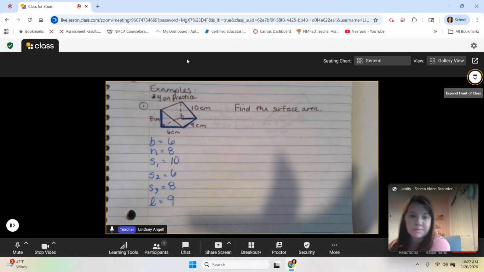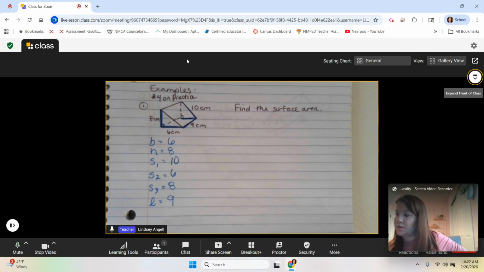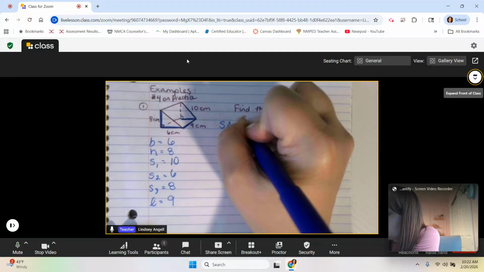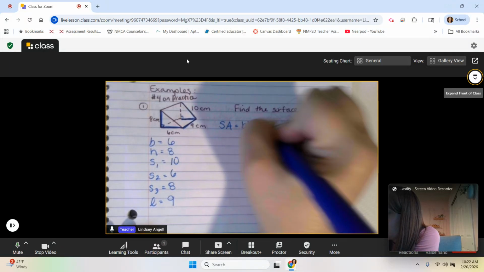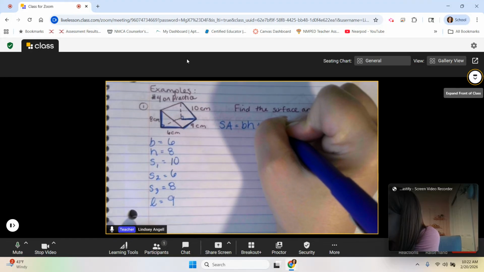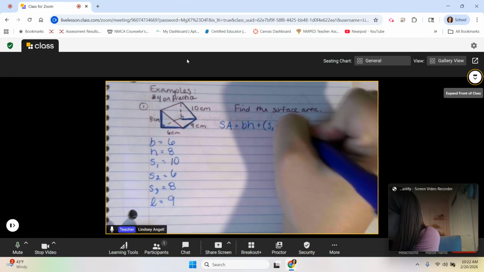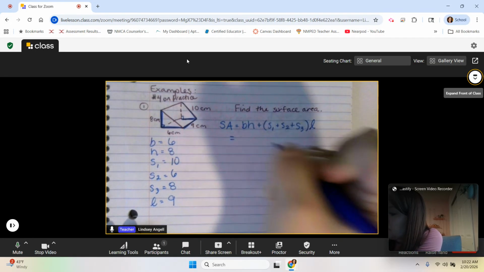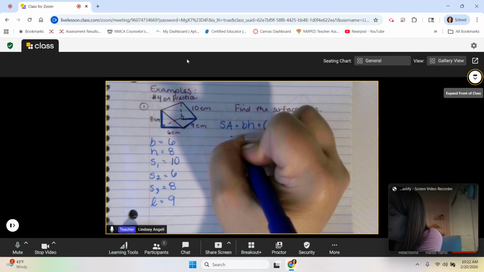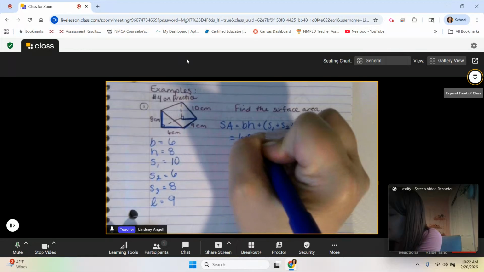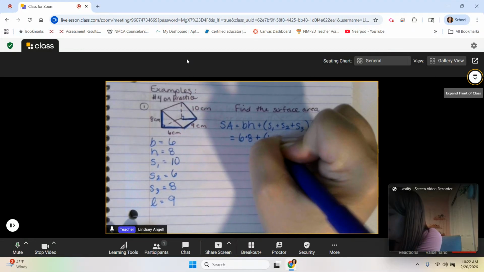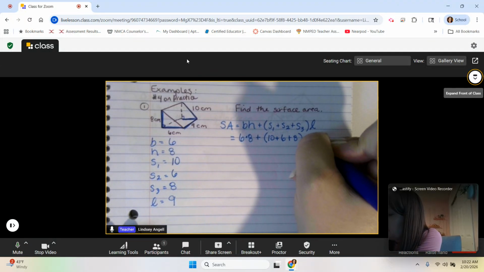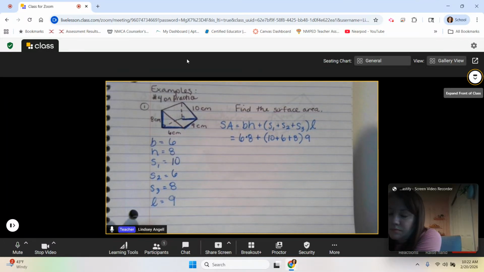Hopefully that helps, because now that we have everything labeled, we can take that original formula: surface area is equal to base times height plus side 1 plus side 2 plus side 3 times the length. Then we can just plug in and go. So base times height, that would be 6 times 8, plus 10 plus 6 plus 8 times 9.